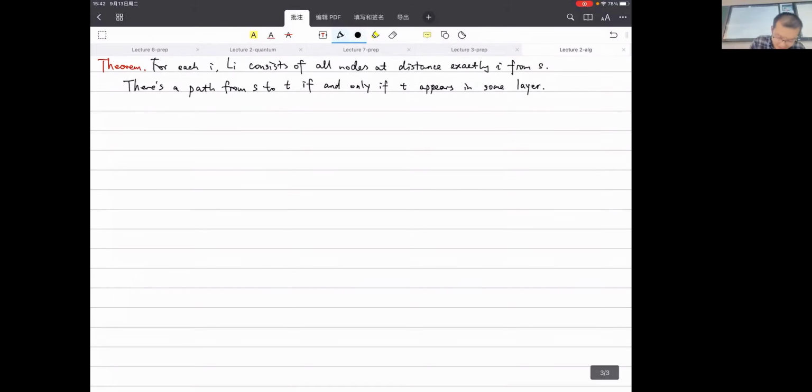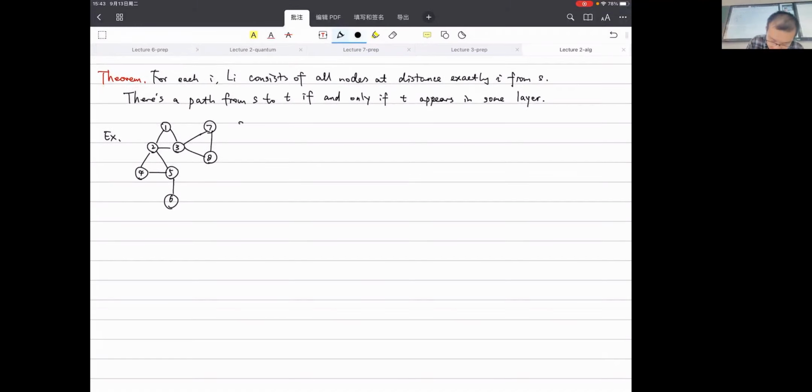So maybe let's take a specific look and talk about some examples. Let's consider this graph. I think this graph appeared in the lecture last time, but let's draw it right here. Maybe a 7 and 8 here. We have a 4, 5, 6. Let's think about this graph, and for instance the S we study is S equals 1.